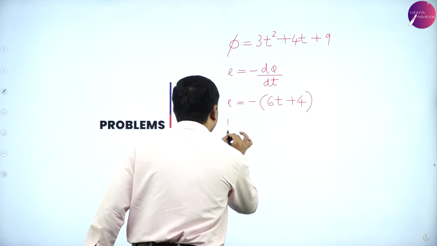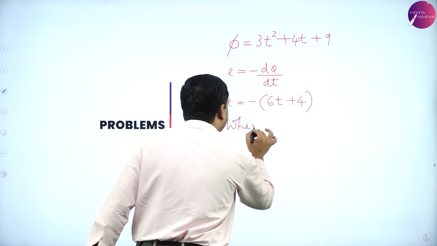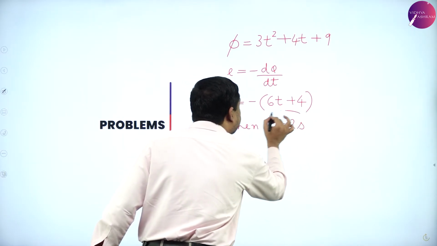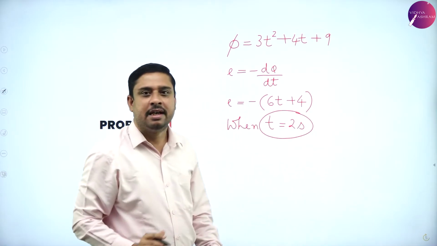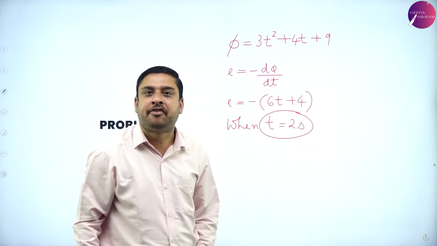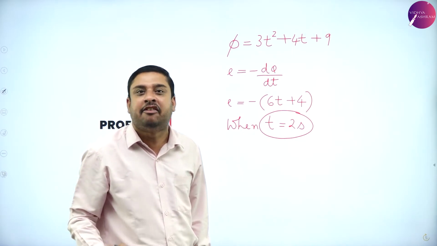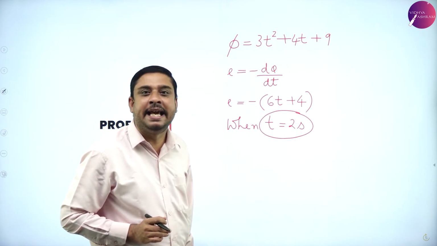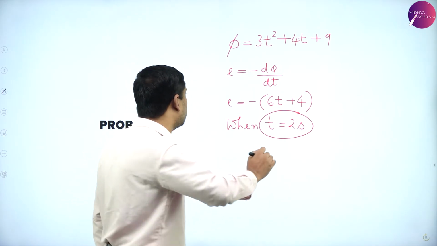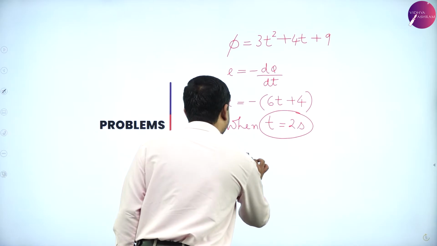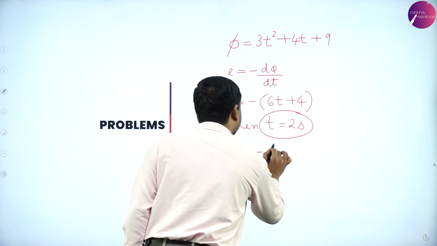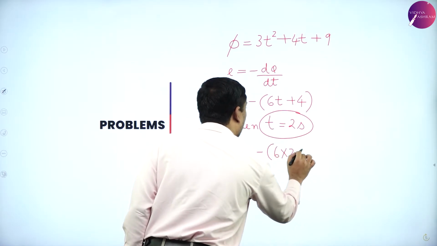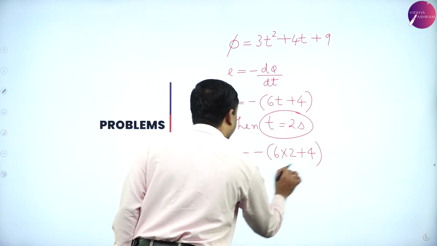Now, when t is equal to 2 seconds, this is where I have to calculate specifically. When t is equal to 2 seconds, E equals minus 6 into 2 plus 4.